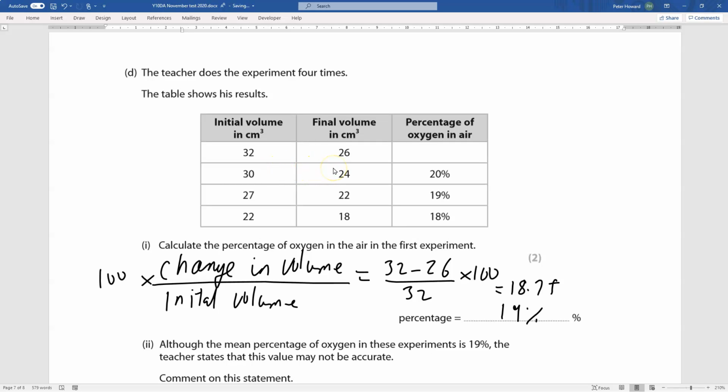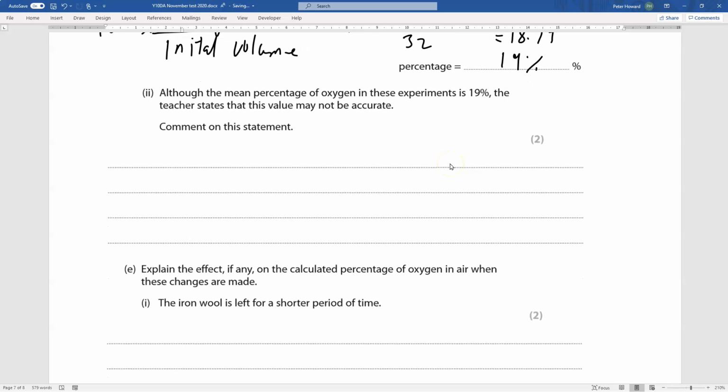All the volumes of gas recorded, or initial volumes, so 32 minus 26, that's got a volume of about 6, that's a volume of 6, that's a volume of 5, that's a change in volume of 4. All these changes are very small. Also the values are only recorded to the nearest centimetre cubed. So the problem is, if your values say 25 or 26, or 26 versus 27, a small error may make a very big difference in the percentage of oxygen calculated.